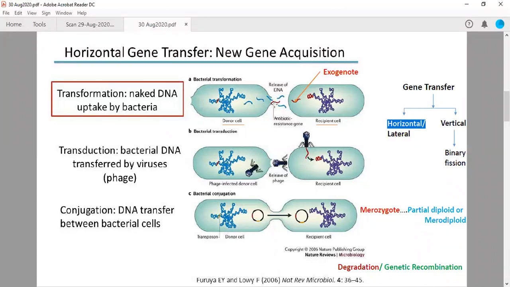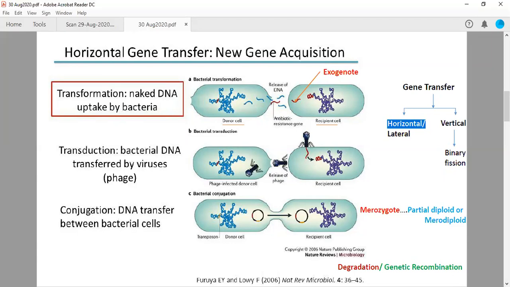Okay, now there are some terminologies. First of all, you need to remember the segment of DNA which is coming. There are two cells: one is called the donor cell and one is called the recipient cell, in all the cases. The donor cell is the bacterium donating the fragment of DNA, and the recipient cell is the one accepting this DNA segment.